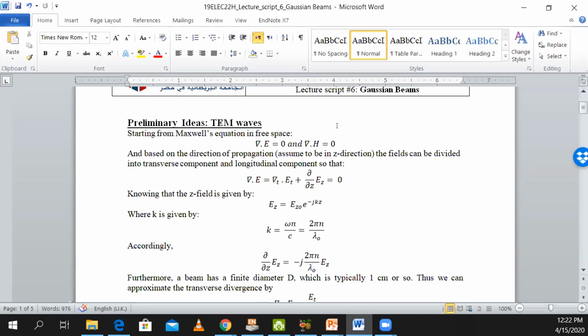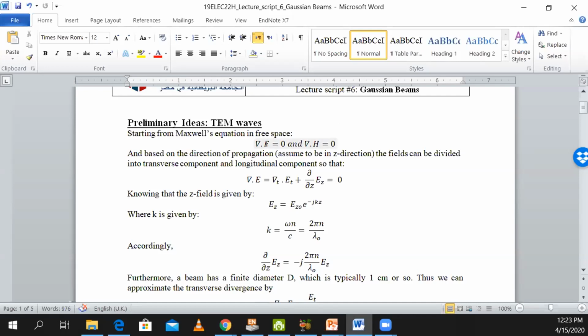Then you will get the E and the H. You did this in the electromagnetic course, in the microwave course, in the antenna course, and now we are going to do it in the optical system course in order to understand the phenomena of light.